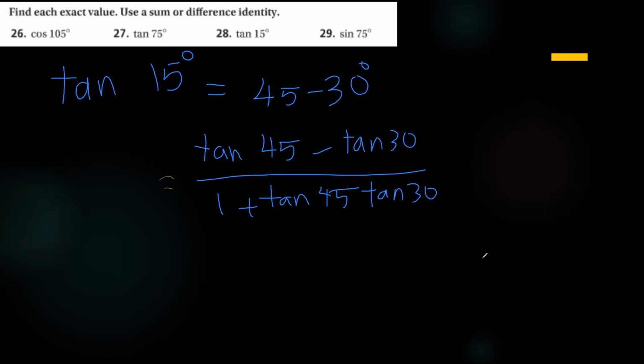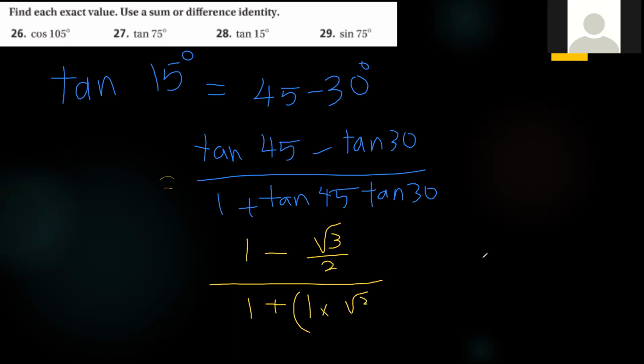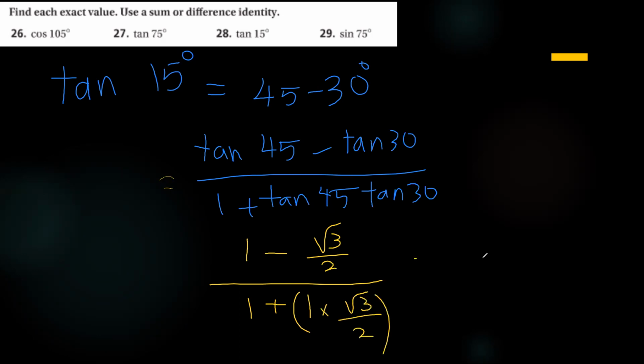Then tan of 45, it's 1, sorry, minus tan of 30, square root of 3 over 2, over 1 plus tan of 45, 1, times tan of 30, square root of 3 over 2.